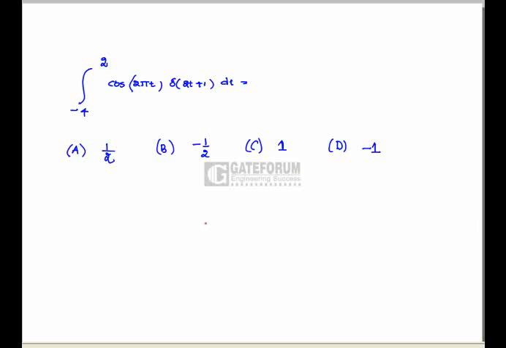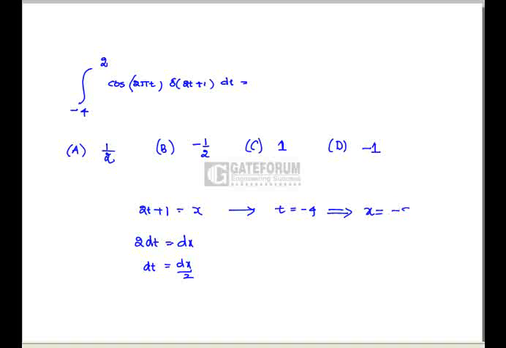Question is, the integral from minus 4 to 2 of cos of 2 pi t delta of 2t plus 1 dt. Here 2t plus 1, assume x, so 2 dt equals dx, so dt equals dx by 2. If t equals minus 4, x equals minus 8 plus 1, which equals minus 7.